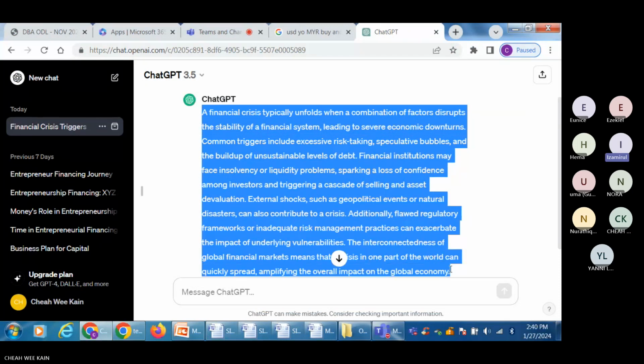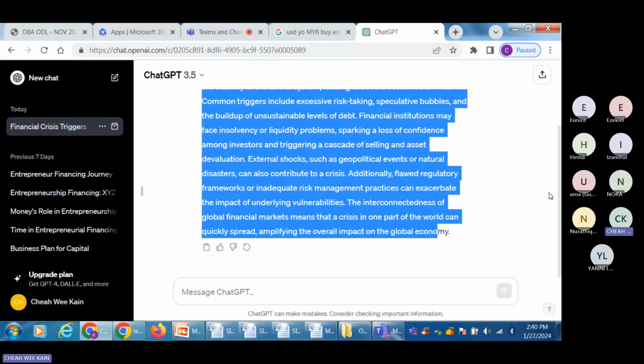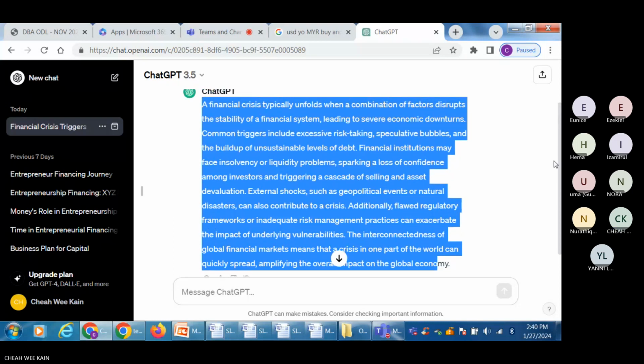A financial crisis typically unfolds when a combination of factors disrupt the stability of the financial system, leading to severe economic downturn. Common triggers include excessive risk-taking, speculative bubbles, and the build-up of unsustainable levels of debt.